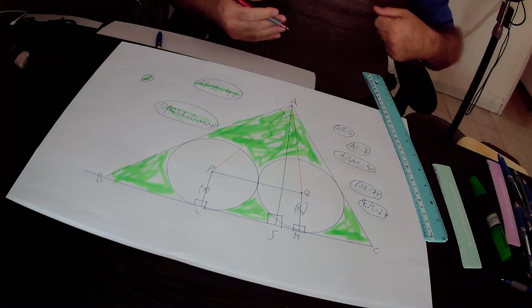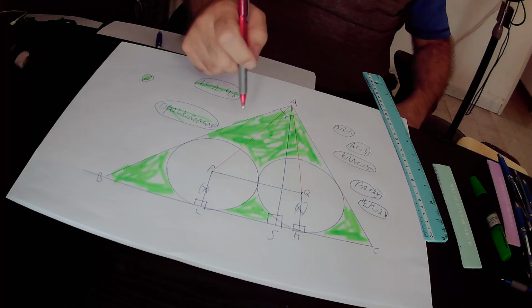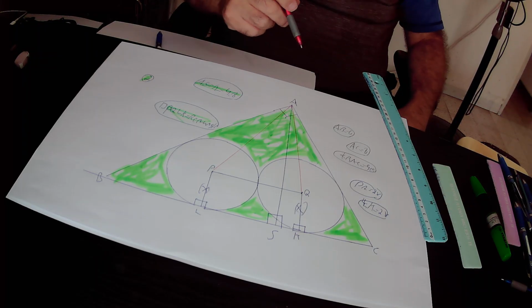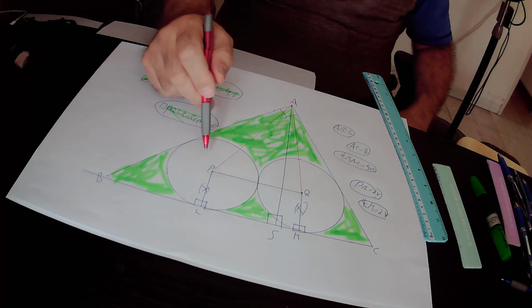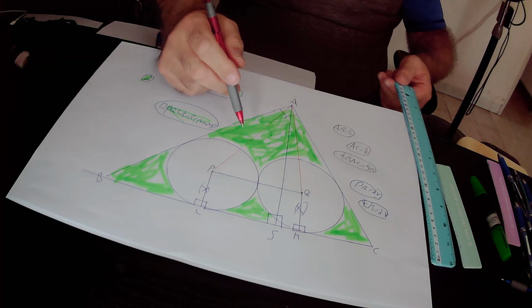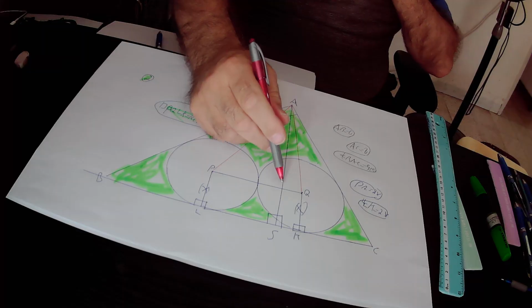By doing this construction, we will have triangle APQ. We define the intersection point between AS and PQ. This point is point F.